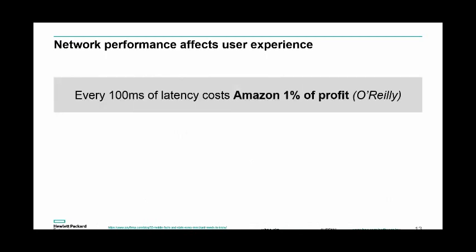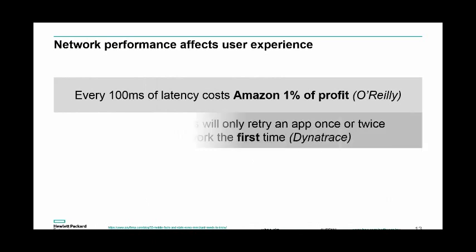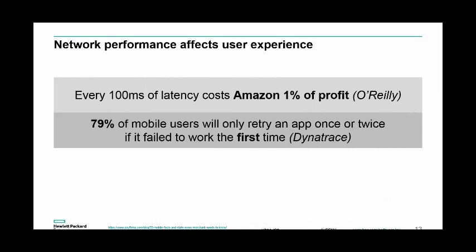But network performance, in essence, affects the user experience. And every 100 milliseconds of latency costs Amazon 1% of their profits. And 79% of mobile users will only retry an app once or twice before they delete it. So probably here I have to say, with statistics like this, the bigger the boss, the higher the pitch.